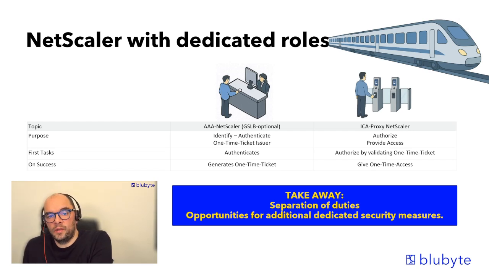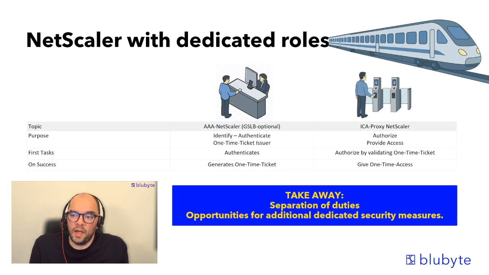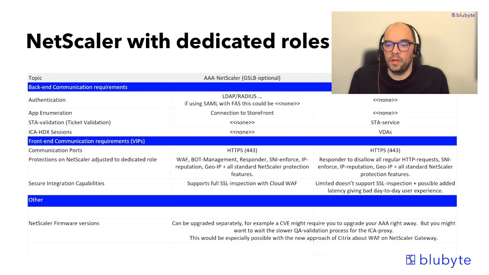Then you can create a configuration of another NetScaler, in this example called ICA proxy, which is only handling the sessions itself. It doesn't do authentication, it only does authorization and provides the connectivity with that one-time access. There are a couple of advantages to separating those duties.